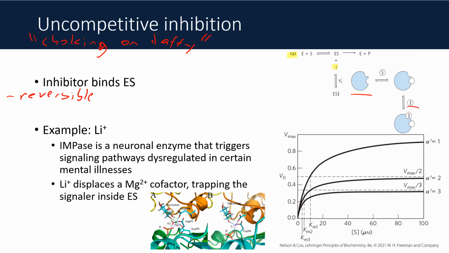The inhibitor, of course, being the taffy in this analogy. So first of all, how do we fix this? It's similar to non-competitive inhibition in the sense that the only way around this is to increase the amount of enzyme. Because once the uncompetitive inhibitor clogs up the throat of that enzyme, it can't really do anything until it unclogs.